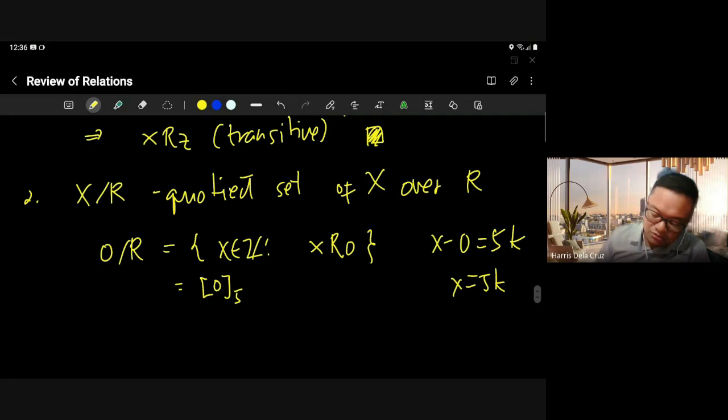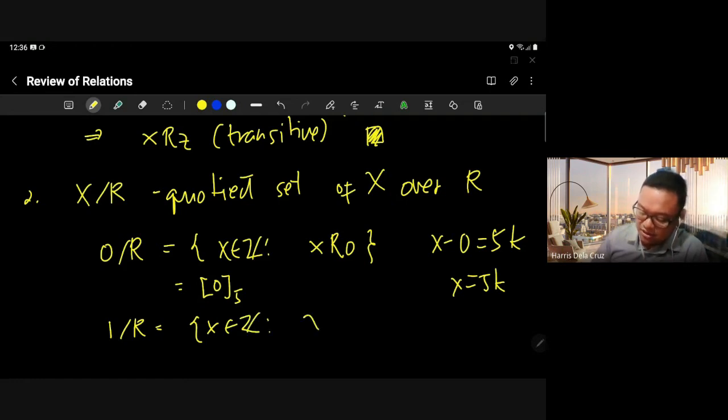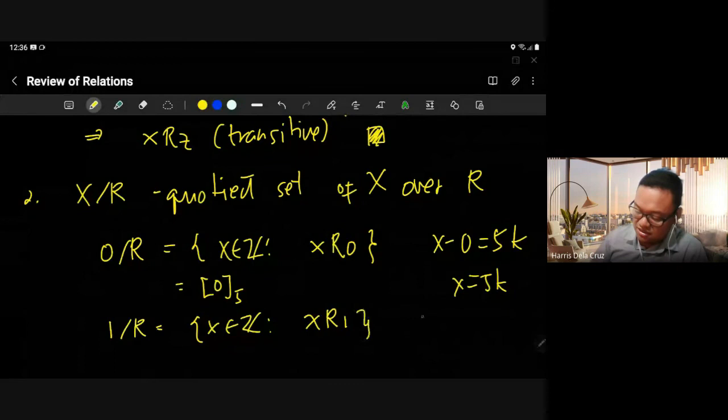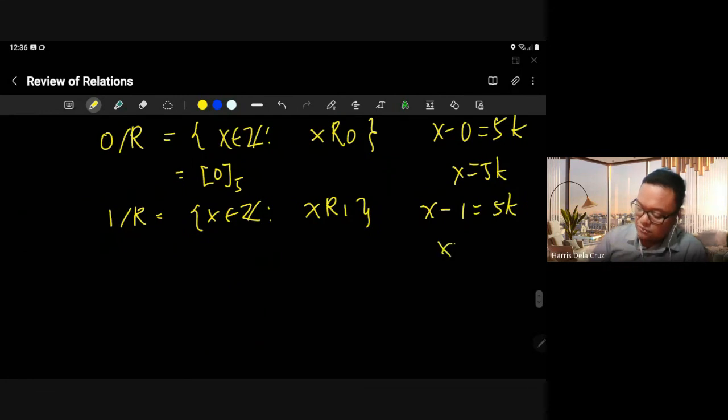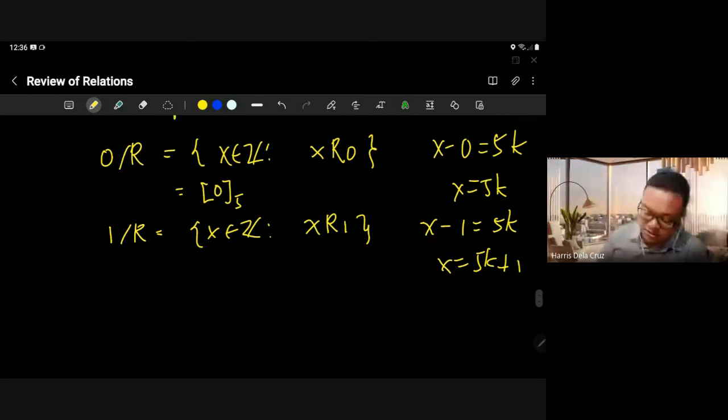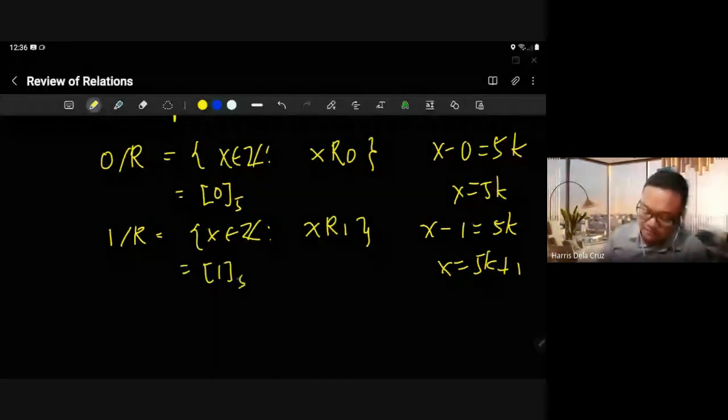Now, how about 1 over R? So, 1 over R will be the set containing all integers such that x is related to 1. Ano ibig sabihin ng x is related to 1? X minus 1 is equal to 5k. Or meaning, x is equal to 5k plus 1. X of the form 5k plus 1, which is 1 bracket 5.